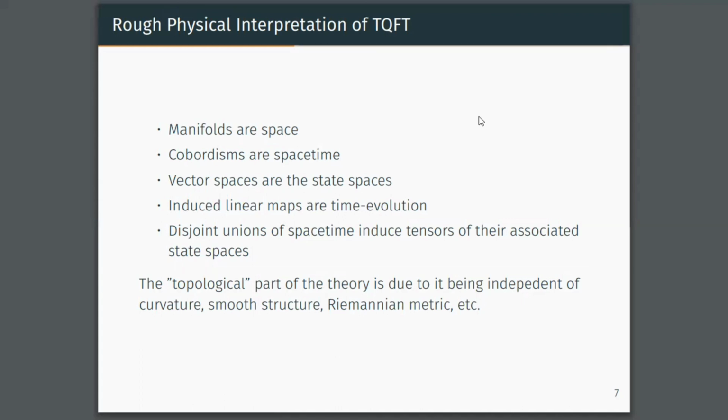So if your circle is 2D space in this low-dimensional case, the straw is now space-time. The vector spaces are the state spaces of your quantum field theory, and you get linear maps out of these, which are time evolution.